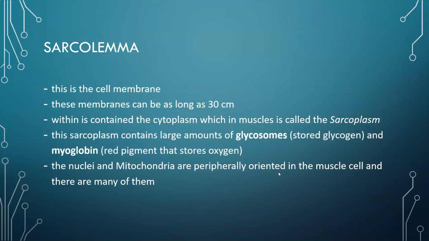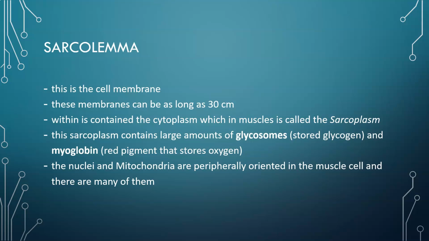When we look at a muscle fiber, the muscle fiber is made of sections known as sarcomeres. Those sarcomeres are the working part. They are within a cell and they are surrounded by a cell membrane.